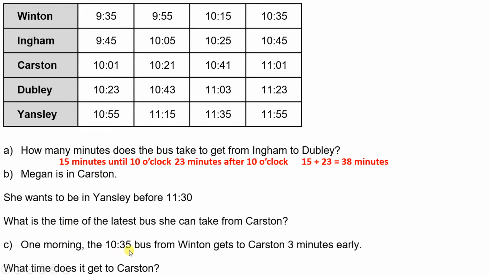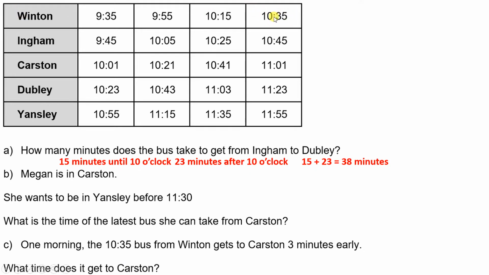One morning, the 10:35 bus from Winton gets to Carston 3 minutes early. What time does it get to Carston? So it's the 10:35 from Winton. So we find Winton, 10:35.